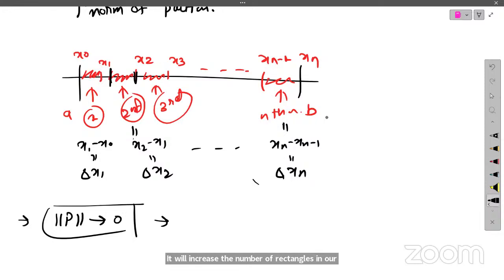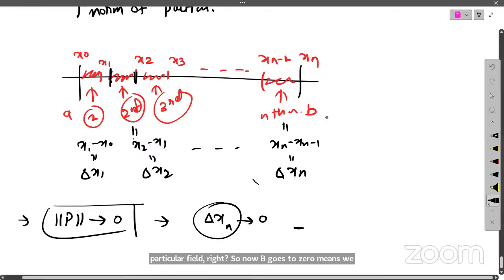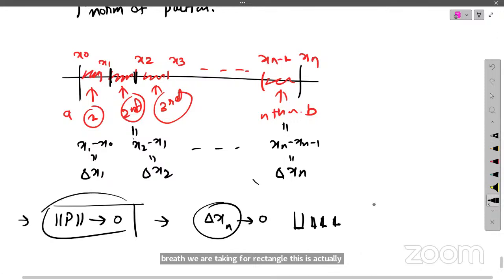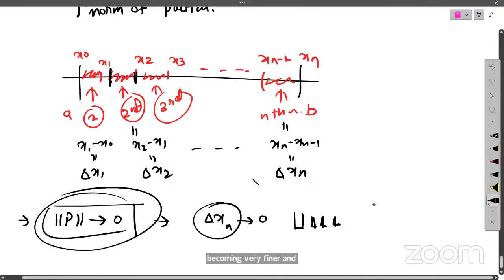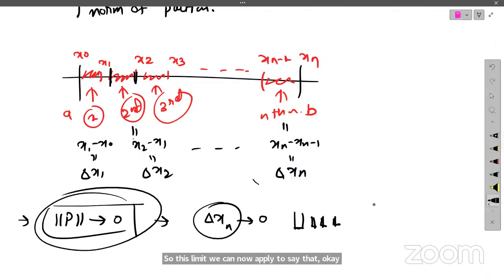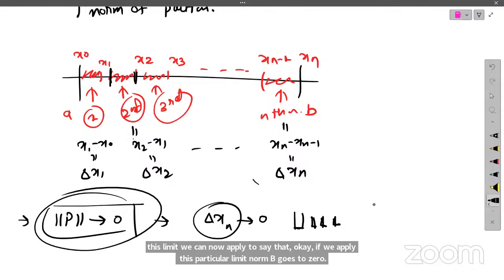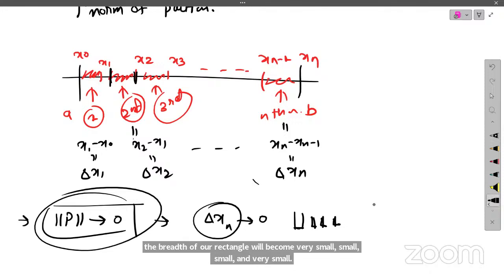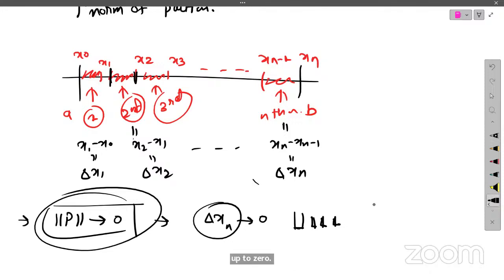Norm P goes to 0 means we are treating delta xi goes to 0 for every i. So the breadth we are taking for each rectangle becomes very fine. If we apply this limit, norm P goes to 0, then the breadth of our rectangle will become very small, up to 0. That's the main purpose for defining a partition.